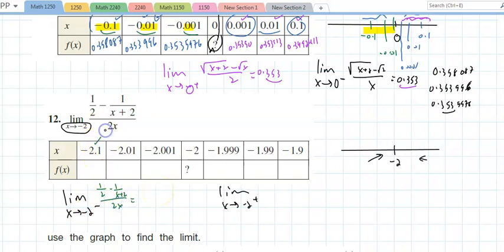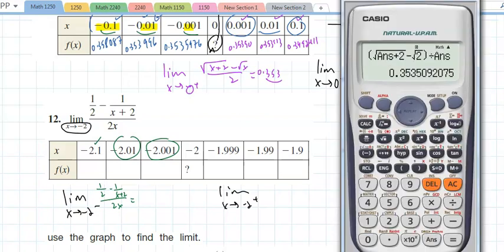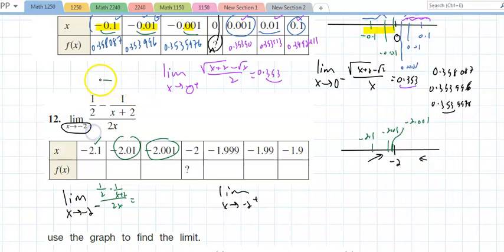And that's these values. I'm going to plug in this number, negative 2.1, negative 2.01, and negative 2.001. If I go to my calculator, if I take this negative 2.1, enter, it's stored in my calculator. Now I'm going to plug in this function. And let's see how that works.